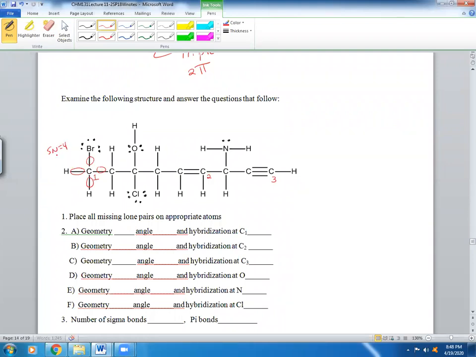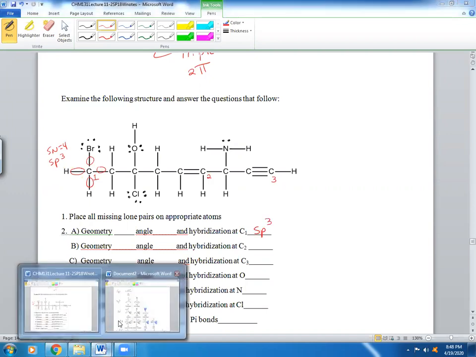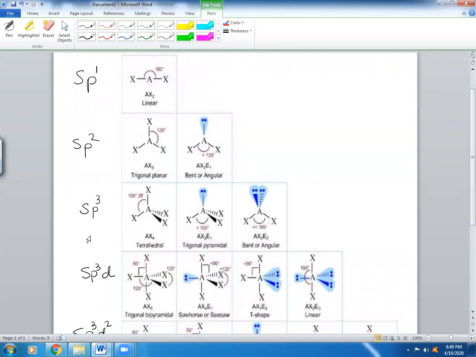If we have a steric number of 4, that would be sp3. What geometry is associated with sp3, if we have 4 bonds? So it's going to be tetrahedral. It's 4 bonds right here. 1, 2, 3, 4.